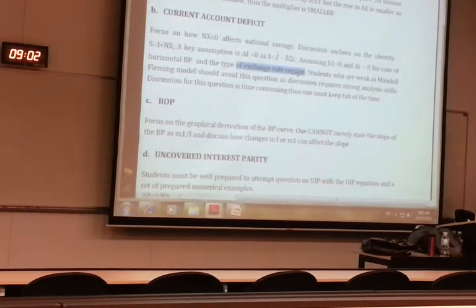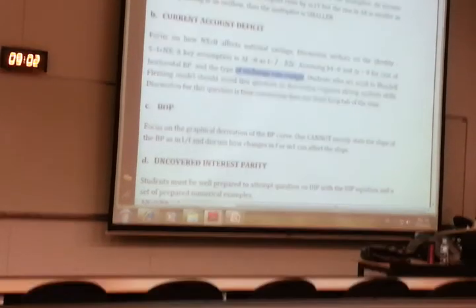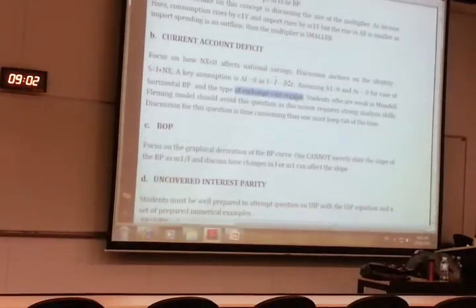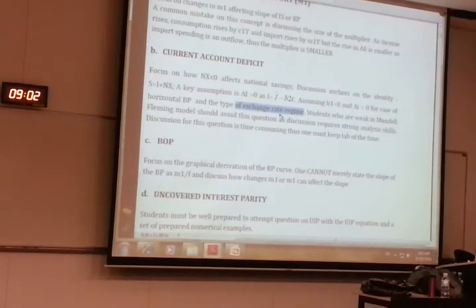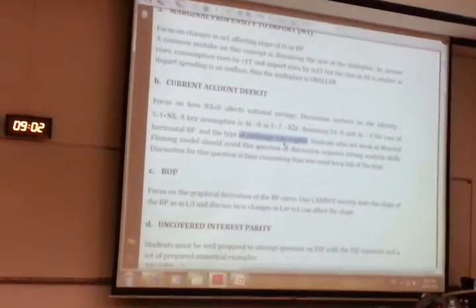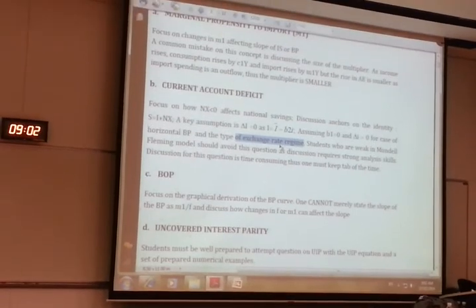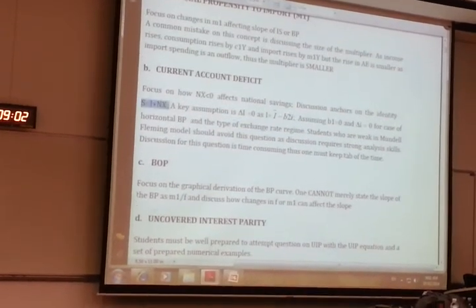So highlighting to you, alright, if this is a common question, you better get yourself prepared. If you can't score 5 marks, the minimum 2 marks is to draw, shift IS or LM, discuss the exchange rate. At least you get some marks out of it. The question is not merely using this equation.